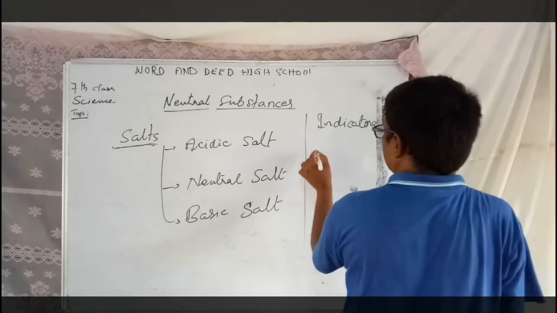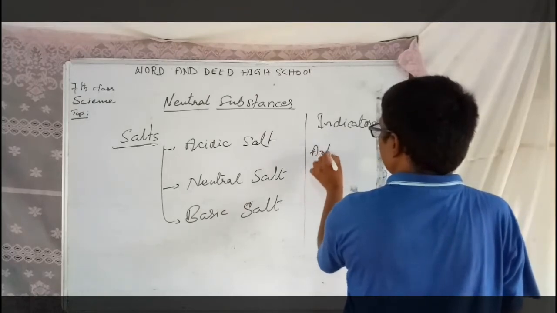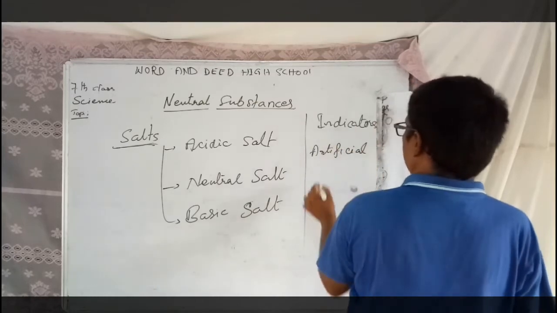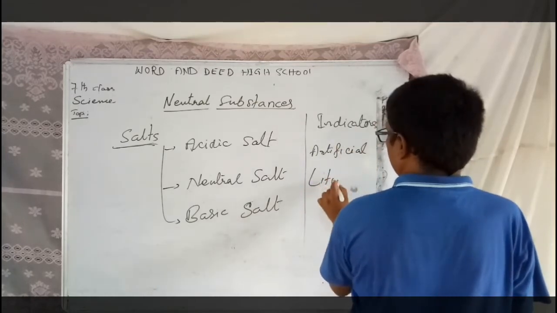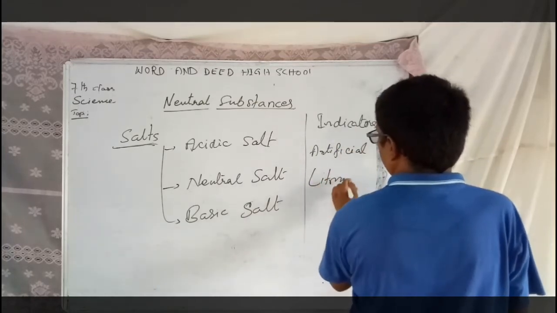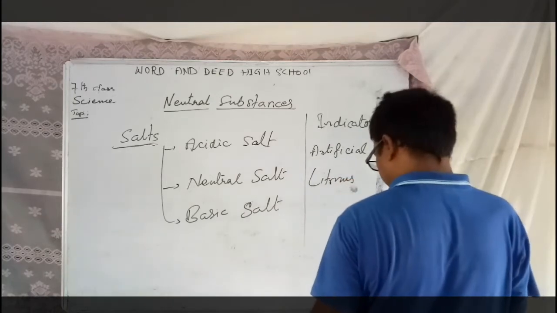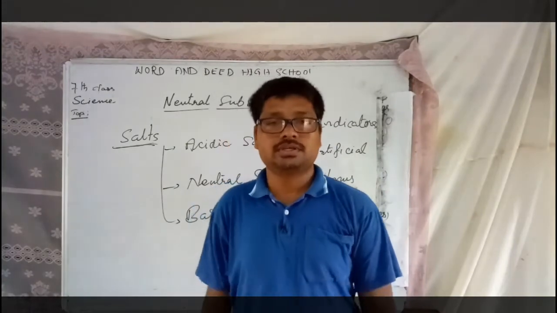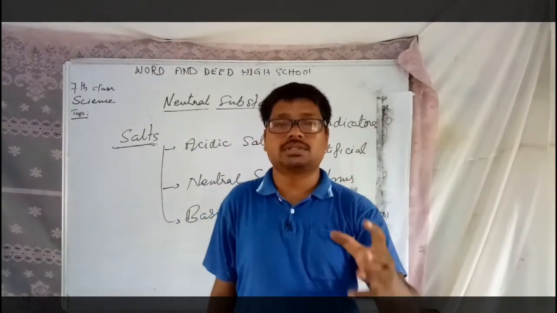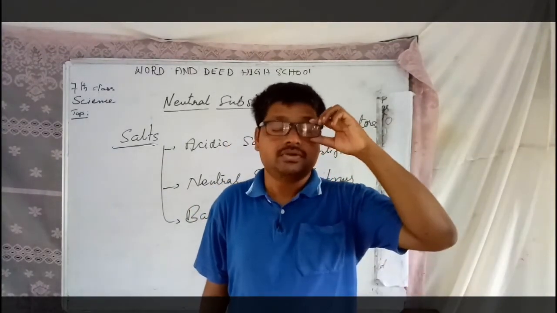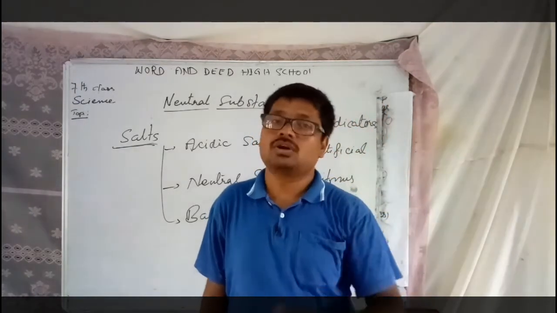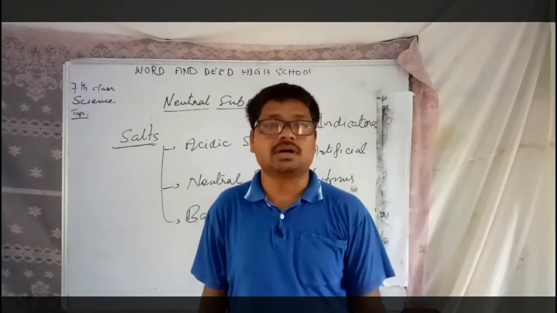Here we need to use an artificial indicator, that is litmus paper. Students, you need to test the nature of the substances, whether the substance is acidic salt, neutral salt or basic salt.